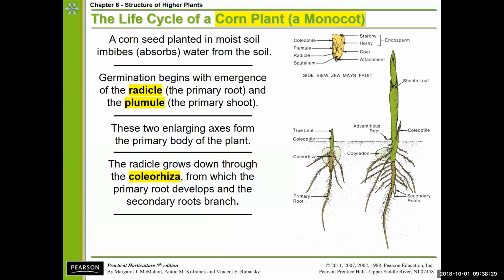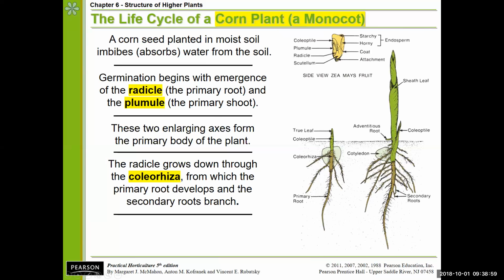When it germinates, first we have the radicle, which is the primary root, and you can actually see it in most seeds. It's just like a little appendage sticking out. That's like the primordial root, basically. Once it germinates, that radicle plummets into the soil, and then the plumule is the primary shoot. It's the first thing that pops up. In monocots, it looks like just one little wrapped up grass blade in a way.